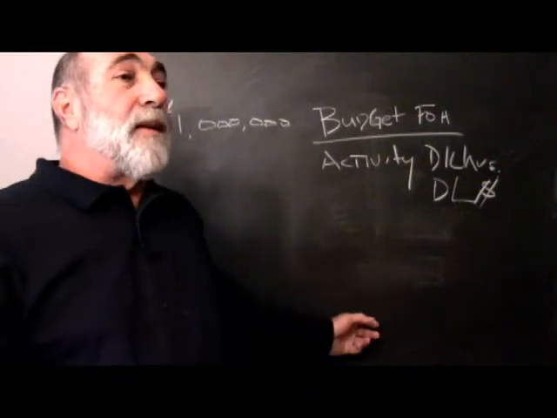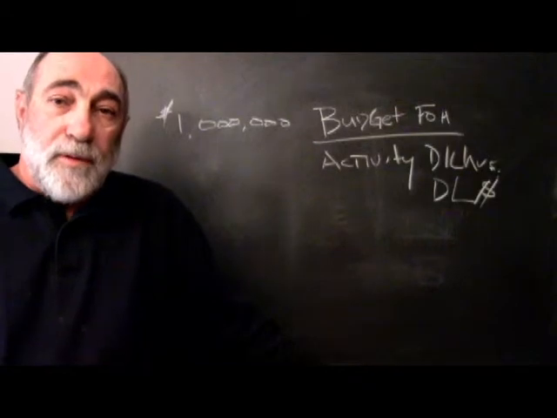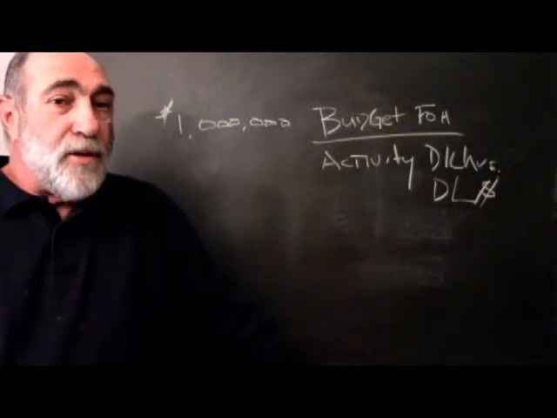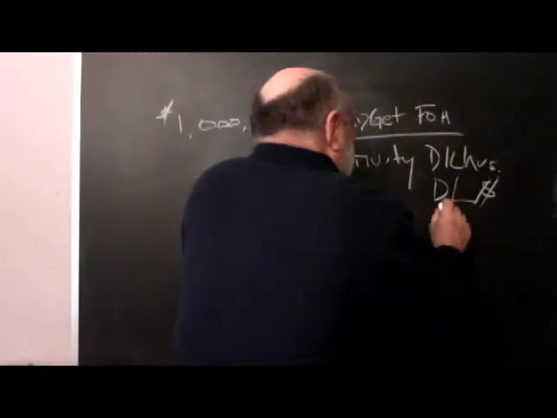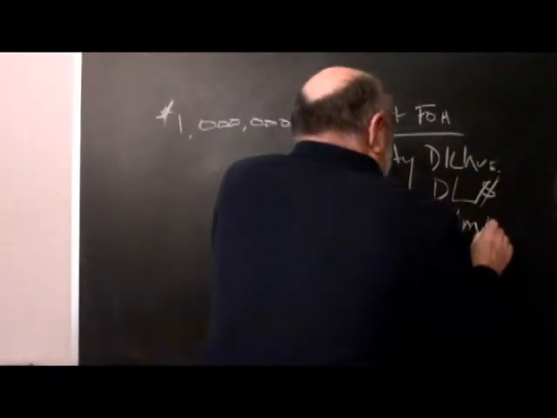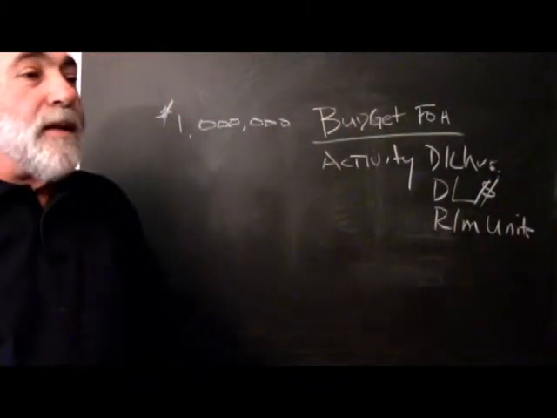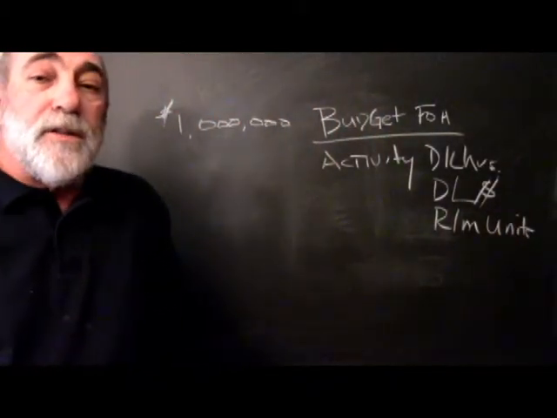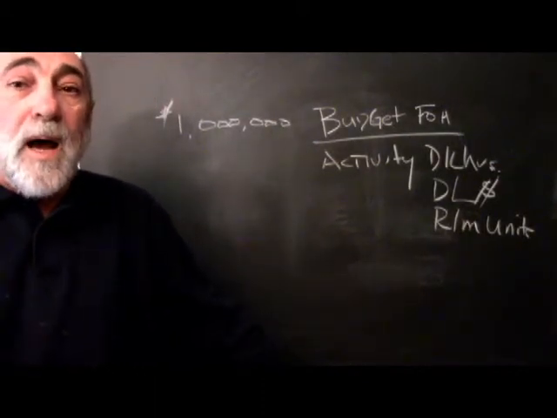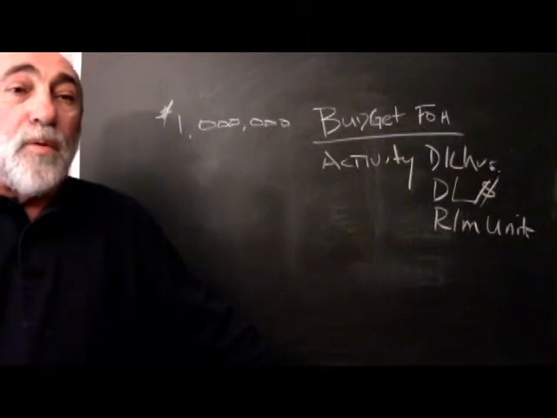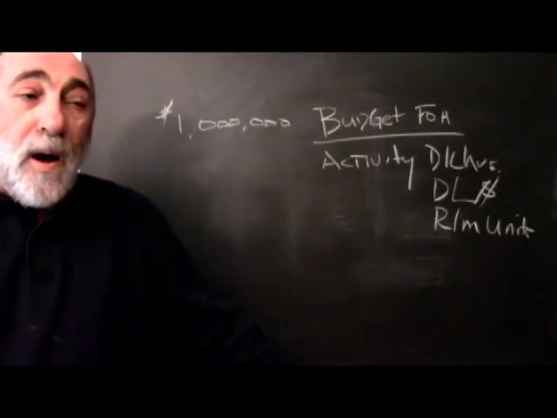Somebody may say, well, wait a minute, it's really not labor, it's how much raw material do we use? That desk uses a lot more raw materials than the stool, so I can use raw material units. And somebody could say, well, it's really not the units as much as it is the cost. It's much harder to work with higher priced woods, mahoganies and cherries and oaks, than it is with the lower end wood like pine.